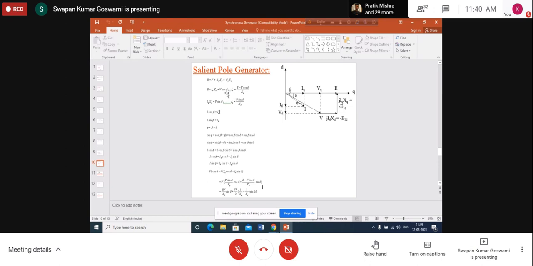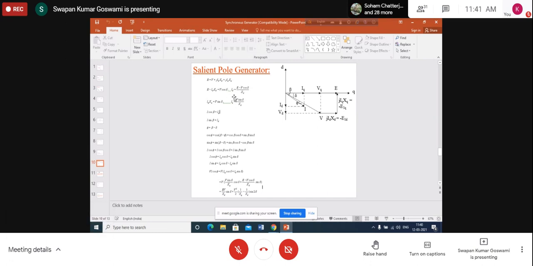So V cosine delta is equal to this E minus this length, means ID into XD. Here these are not the phasors, these are the magnitude only. E minus ID XD equal to V cosine delta. So from here I can find out the magnitude of ID. ID equal to E minus V cosine delta by XD.